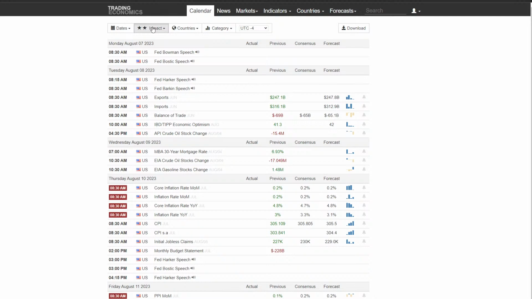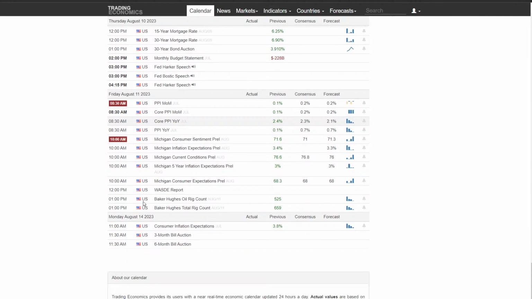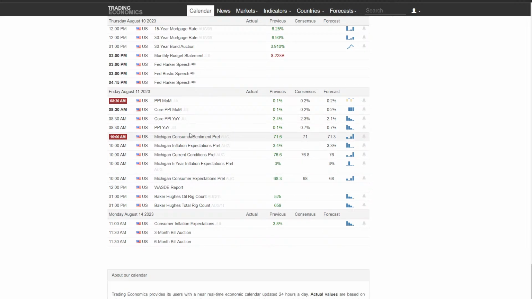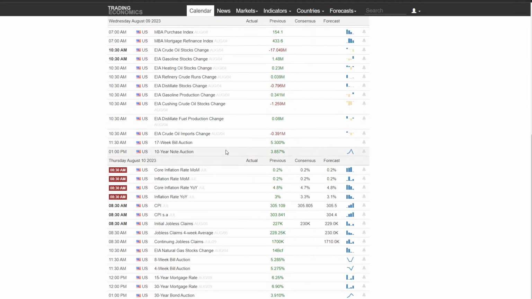So if we go to, let's go to this on Friday, right? You could see, let's go to CPI, which would be Thursday. Okay, so the year over year number, right? So the forecast consensus is 4.7, they're forecasting 4.8.